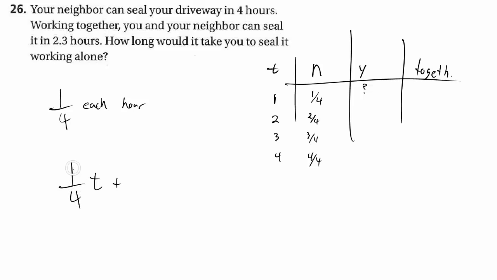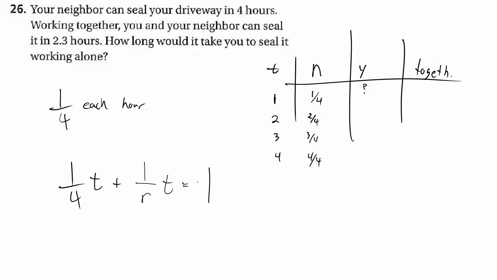That's how much of the job your neighbor completes in t hours. You don't know what your rate is. That's what we're trying to figure out, but we know that 1 over whatever your rate is times t is going to be equal.